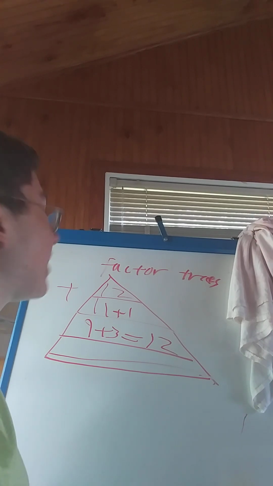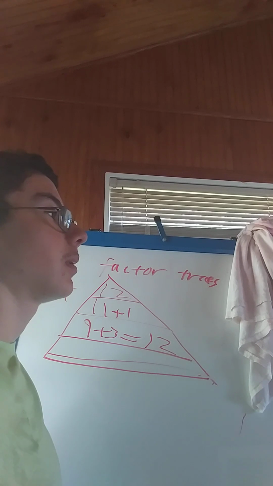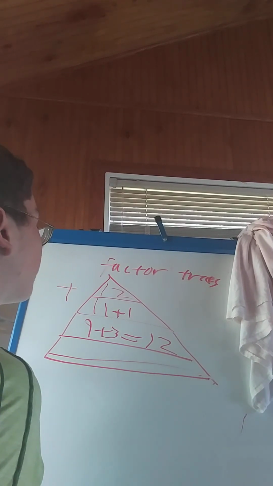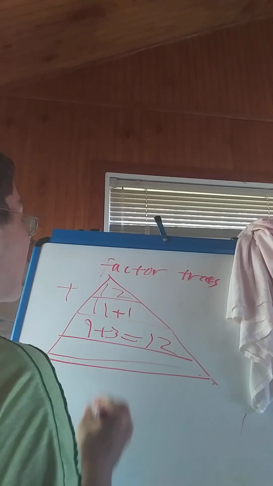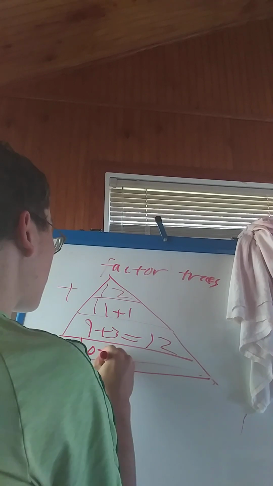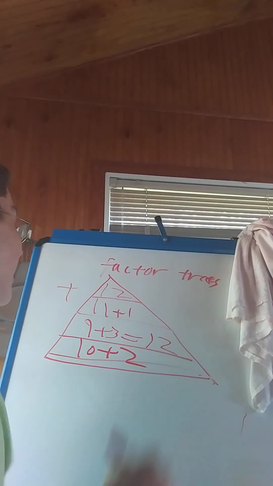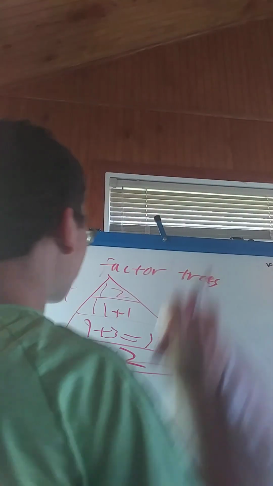Okay, and then we need one more for adding 12. Yes, 10 plus 2. You definitely get creative with these. There's a lot of things that you can do with these. There's a lot of different equations.